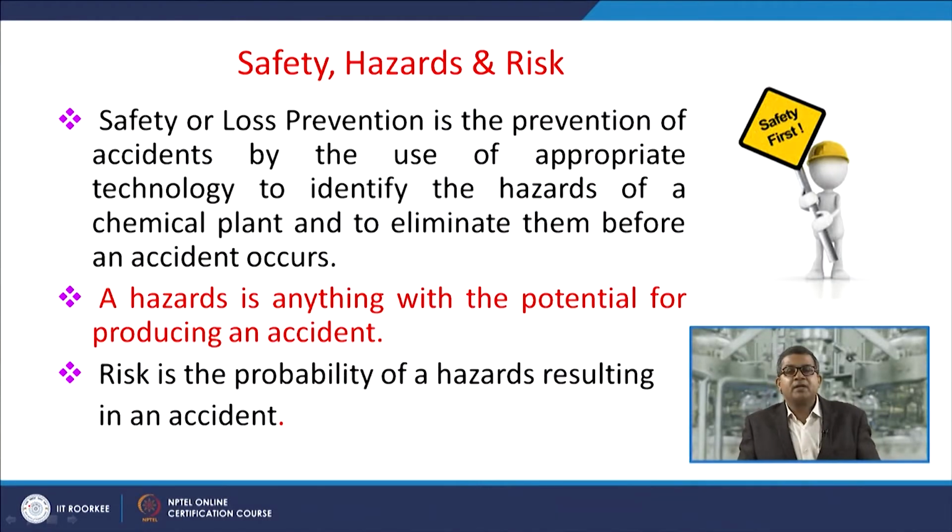If you are moving on a road, then some vehicle may hit you, or sometimes by accident you may fall into a sewage line, etc. So hazard is everywhere. The only thing is that you need to find out the probability. So risk is the probability of a hazard resulting in an accident. So you need to find out the probability of that particular hazard.